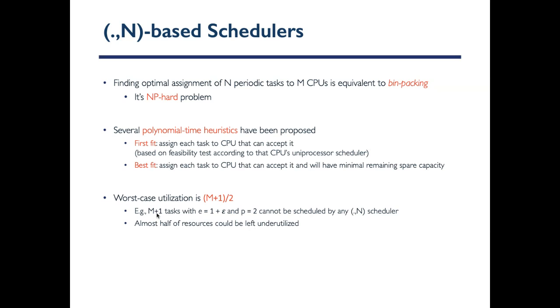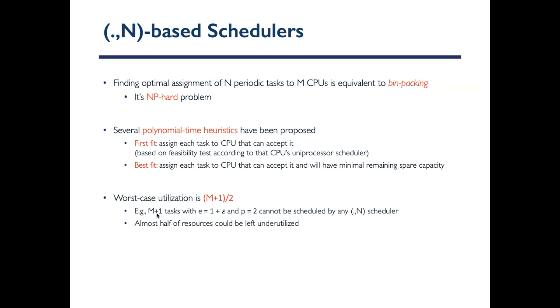Now at time 1 plus epsilon, all the CPUs have 1 minus epsilon time remaining until time 2, and you still have one task to schedule. And no matter where you assign this task, it's going to miss its deadline. So no matter what partitioning algorithm you use, this task set is not schedulable.